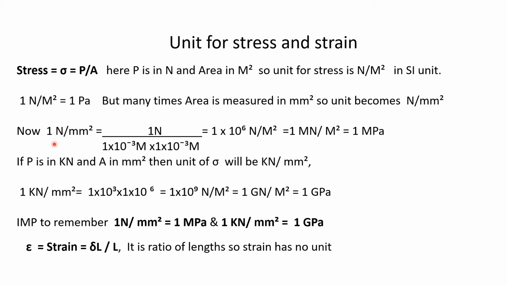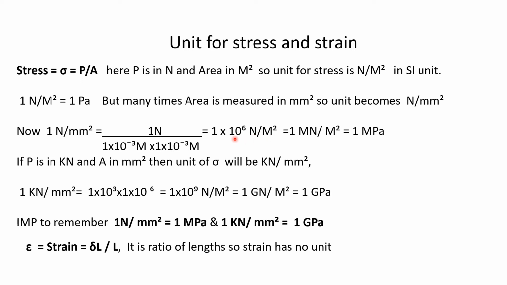Now if the stress is in Newton per mm square, so 1 Newton per mm square will be 1 Newton divided by, now mm into mm is converted in meter into meter, so 1 mm is 1 into 10 raised to minus 3 meter, and then again for the second mm it is 1 into 10 raised to minus 3 meter. So this minus 3 and minus 3, if it is taken up, it becomes 10 raised to plus 6, and the unit will be now Newton per meter square.